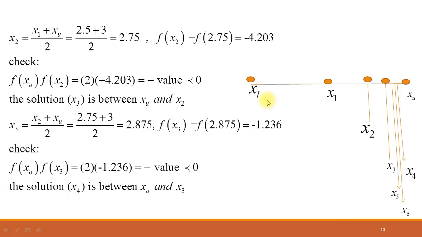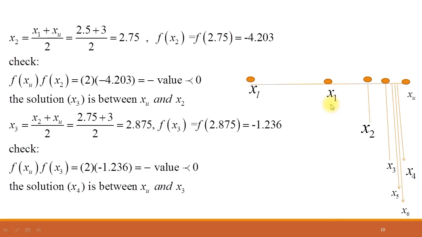First of all, choose any two values at which the function changes sign. Then the next root lies between xl and xu, and this is the bisection midpoint. Bisection means the midpoint. So the midpoint of xl and xu is x1.